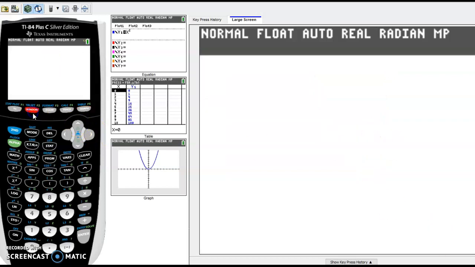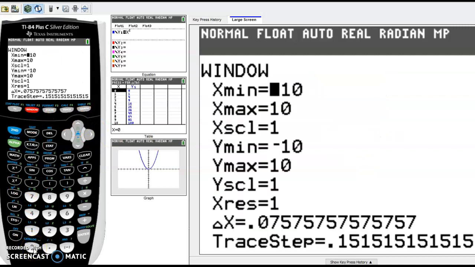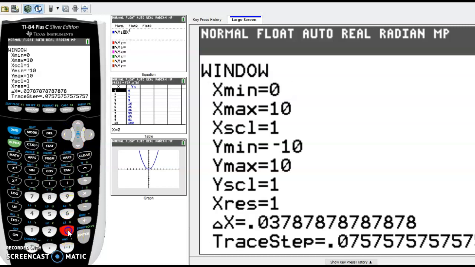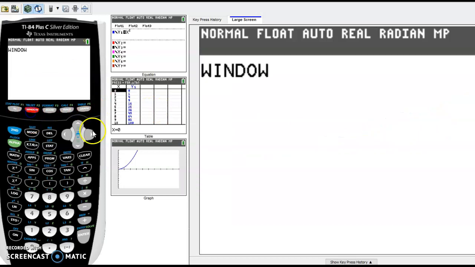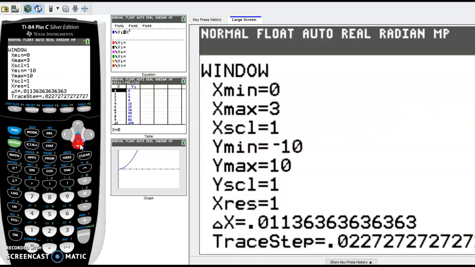So I'm actually going to set the window. So I'm only looking from 0 to 3. And then graph this. So we only want to look at this function over here. Now it doesn't really look like the PowerPoint that much because my range, let's fix my range too.